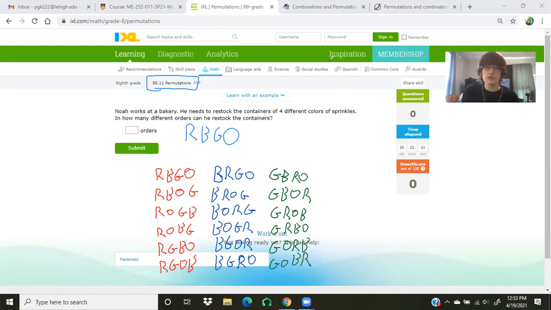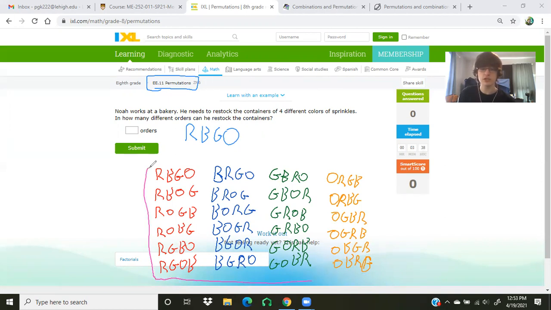And finally, ones that start with O. O, R, G, B, O, R, B, G, O, G, B, R, O, G, R, B. Finally, O, B, G, R, and O, B, R, G. So this took quite a while, but this is every possible combination of the 4 colors that can be put up on the wall.